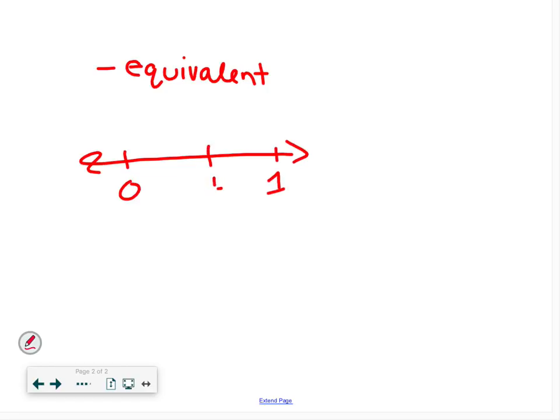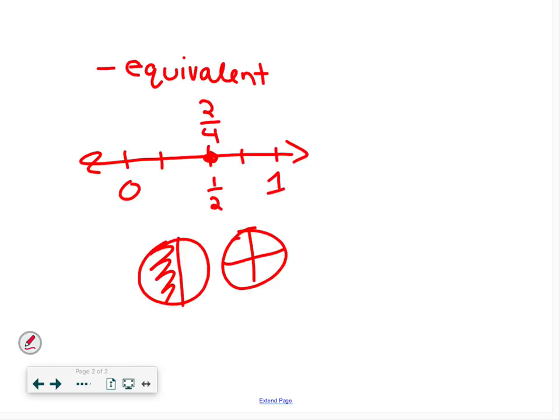A half is in between both, but I also could split it into fourths, and 2/4 would also fall in the same exact spot. They look a little bit different, a half, 2/4. They have a different denominator, so it's cut up differently, but the same amount of that thing has been taken up. So they are equivalent, they are equal, they're just represented differently, okay?